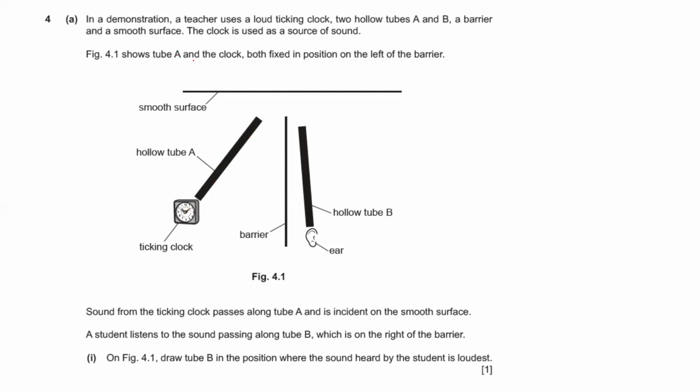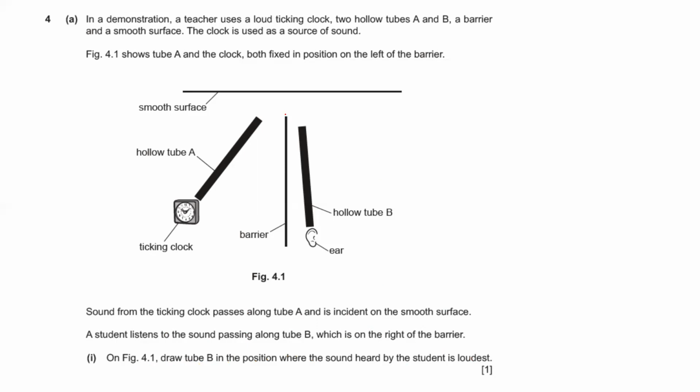Figure 4.1 shows tube A and clock both fixed in position on the left of the barrier. So sound from the ticking clock passes along tube A and is incident on the smooth surface. The student listens to the sound passing through tube B, which is on the right of the barrier. On figure 4.1, draw tube B in the position where the sound heard by the student is the loudest.